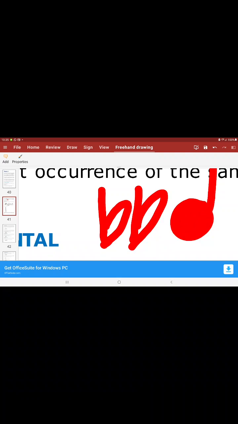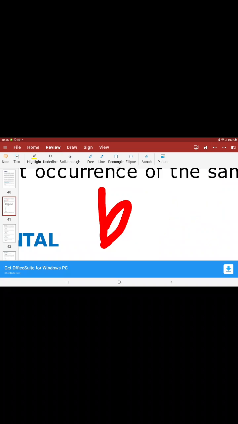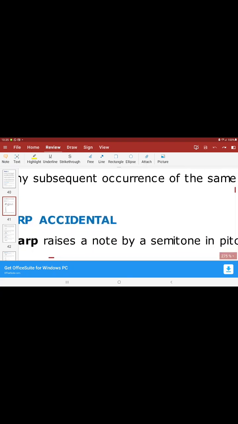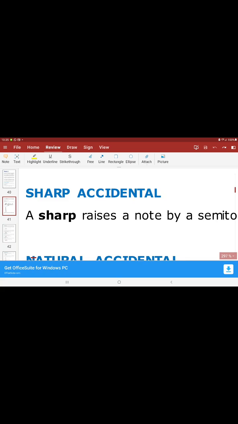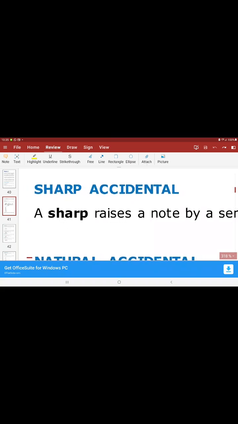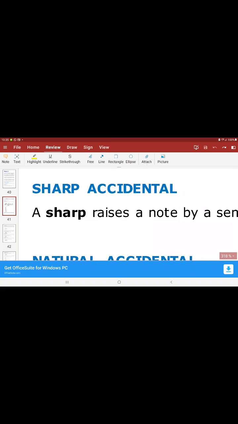Okay, so that is what it looks like. Now, if we talk about flats, we say it decreases the pitch of a note by what? A semitone. But if it is a double flat, it decreases it by a whole tone, that is 2 semitones.